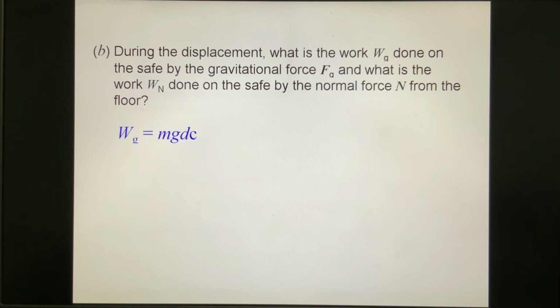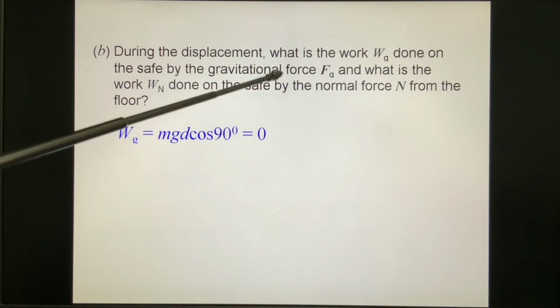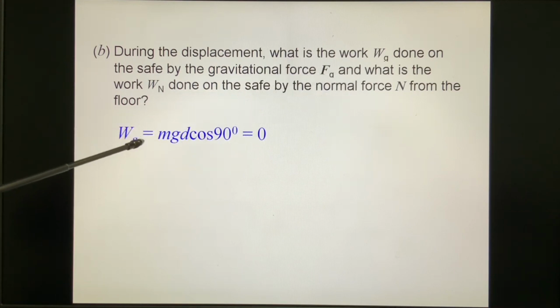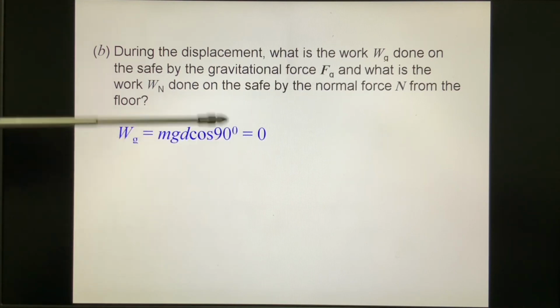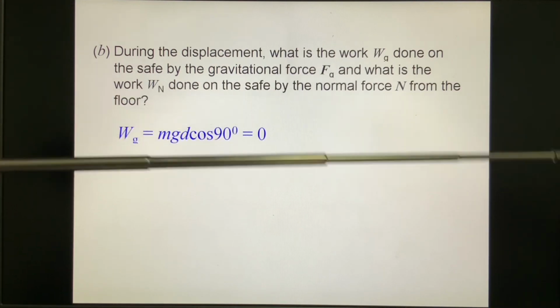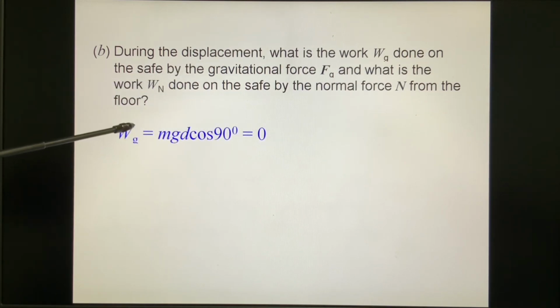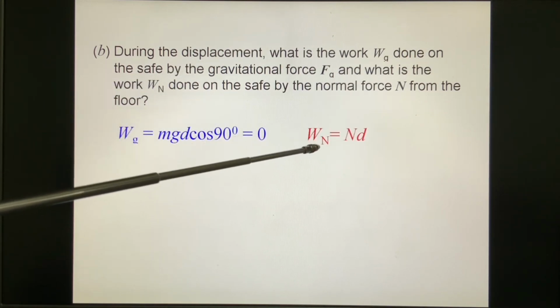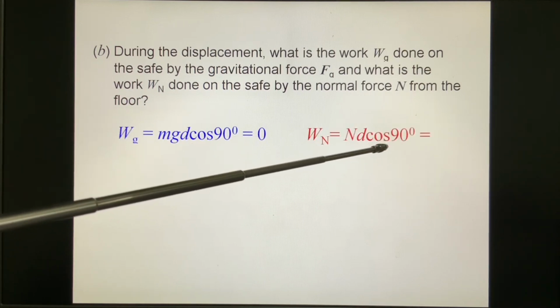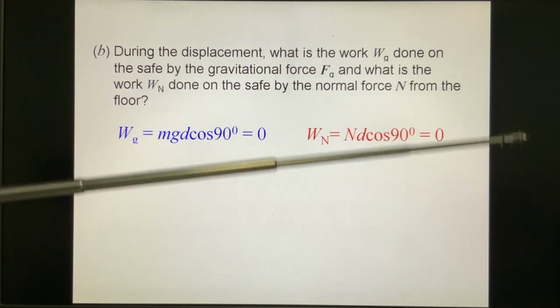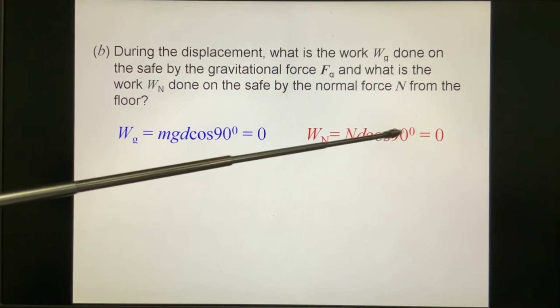By definition, the angle between the gravitational force downward and the displacement horizontal is 90 degrees, so this work done is 0. Also true for the normal force, because the angle between the normal force upward and the horizontal is 90 degrees. So this is 0.